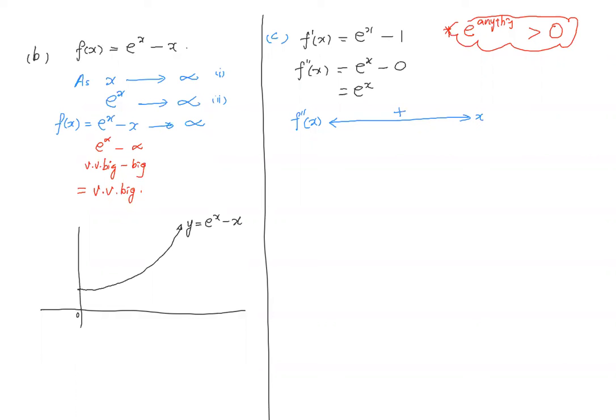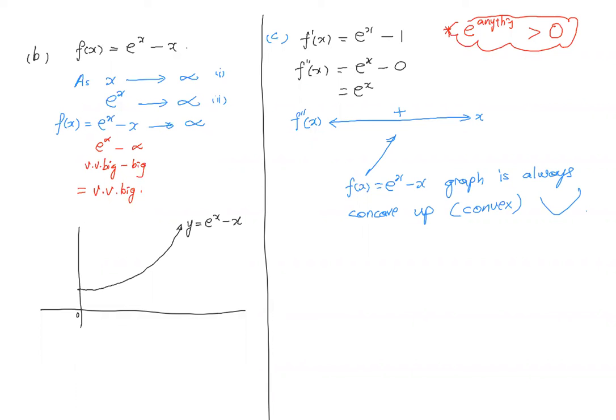So that means the graph is always convex. That means this is telling me, I interpret, that means f(x) equal to e to the power x minus x graph is always concave up, or sometimes we call it convex, always smiling, correct?